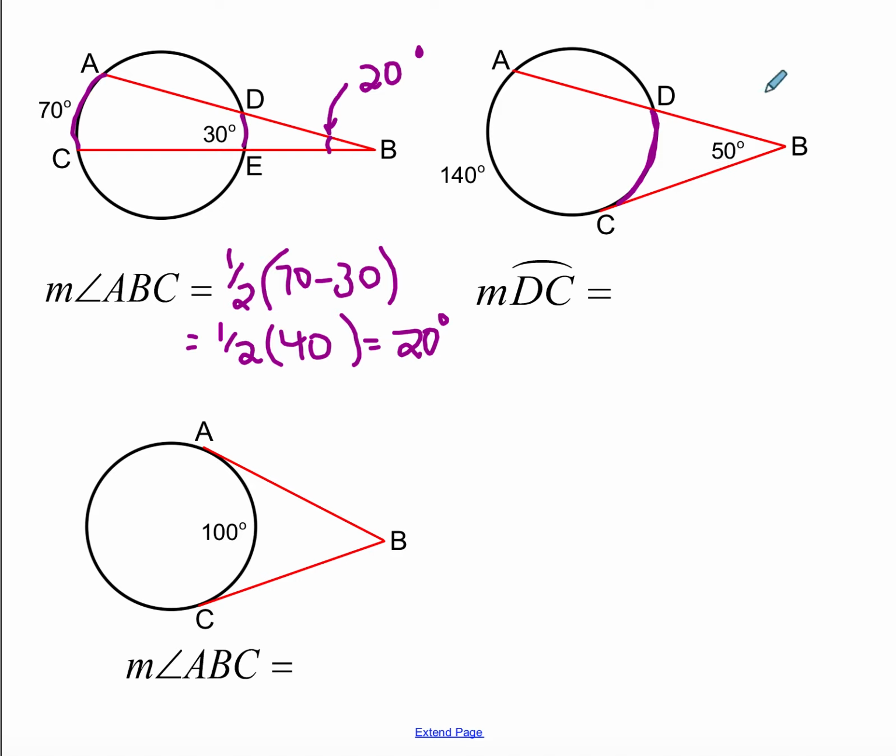The measure of the angle formed, that angle right there, is 50. 50 is going to be 1/2 times the difference of the intercepted arcs. This arc is 140 minus, we don't know the measure of arc DC.